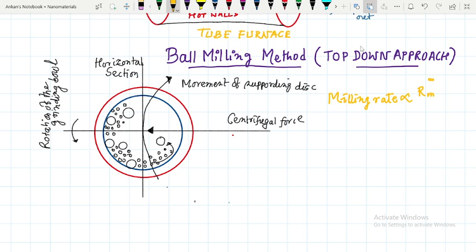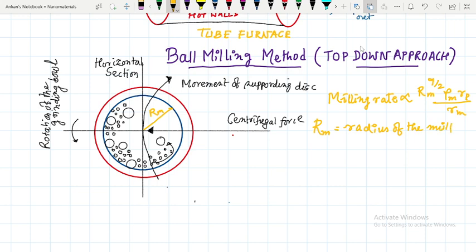So it implies Rm to the power half times rho m times Rp divided by rm. Now what is the capital Rm? Capital Rm is the radius of the mill.